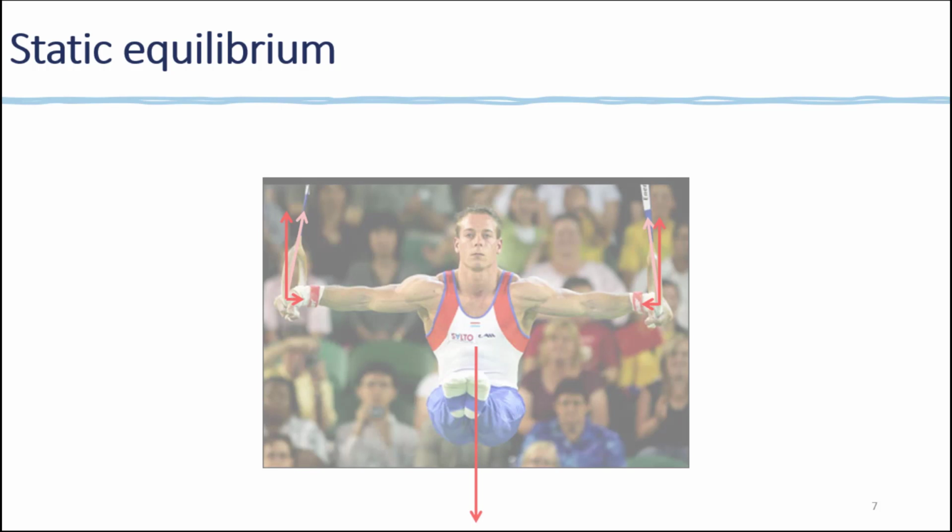Statics enables us to analyze two types of situations. In the first situation, we may know that an object, such as a person, is not moving, but we may want to know what external forces are acting on the person. For example, in gymnastics, a gymnast coach may want to know how strong a gymnast must be in order to hold a certain position, such as an iron cross in this picture here.